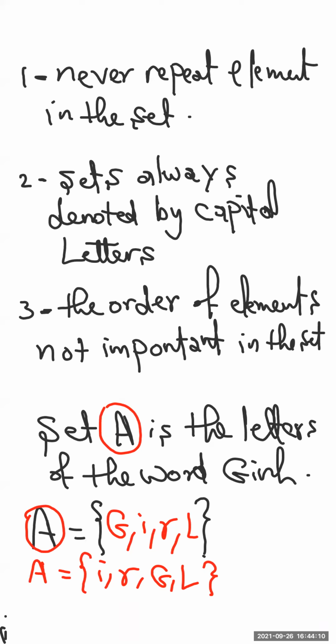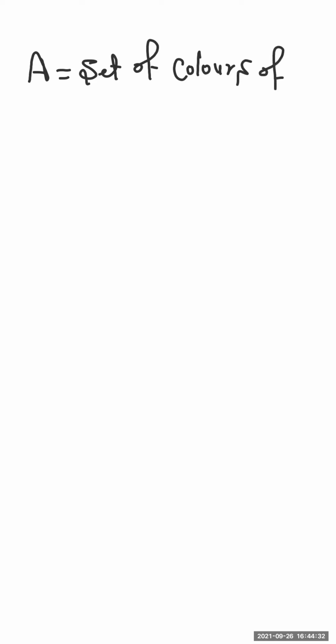Now let's solve some examples related to the listing method. The first one: express each of the following sets by using the listing method. A equal set of colors of Egypt's flag.